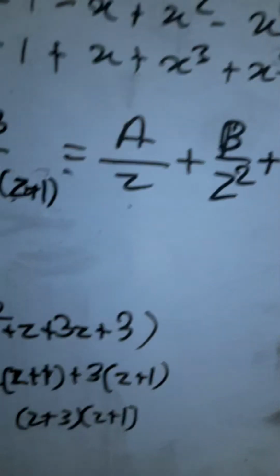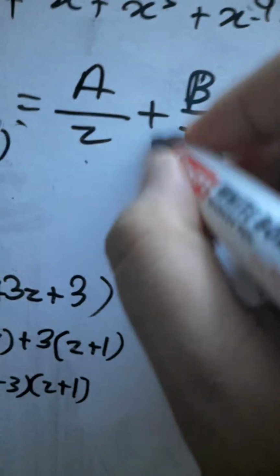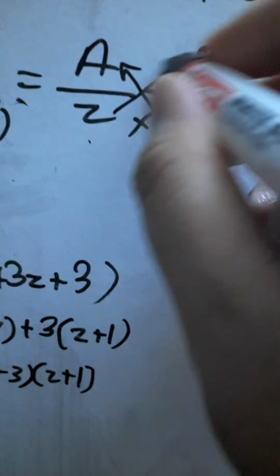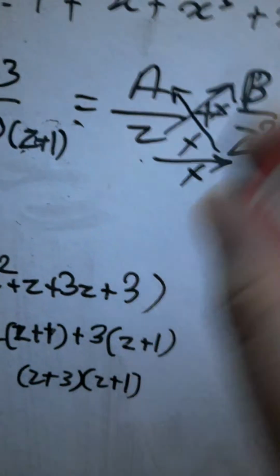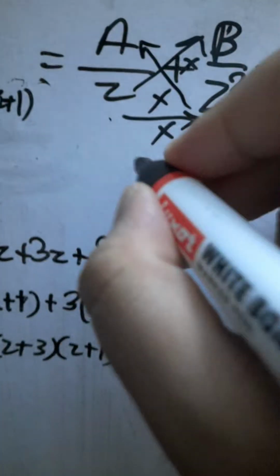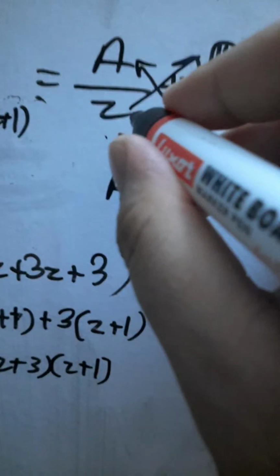So now we would take LCM. In LCM we multiply this into this, then do this. Okay. Now we would get this. So a, what do we not have in this?